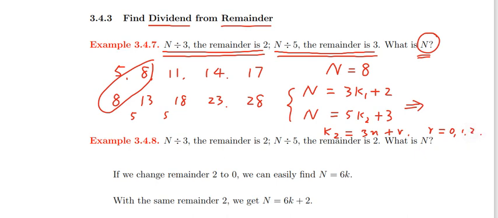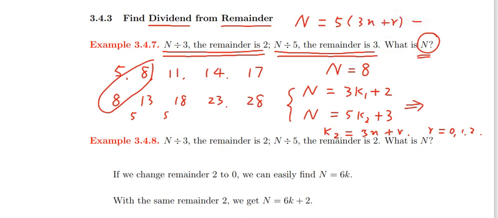So we just check which r satisfies both conditions. We plug into the second one: n equals 5k2 plus 3, where k2 is 3n plus r.